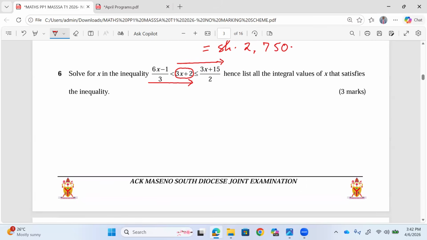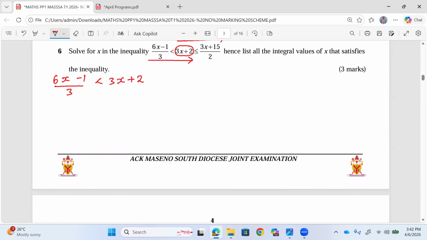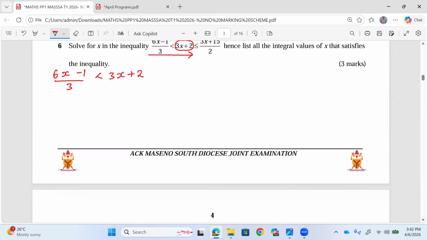So the first inequality to be extracted should be (6x minus 1) out of 3 less than 3x plus 2. This is the first one, and we can simplify it. Can we multiply by 3 both sides? Look at it this way.